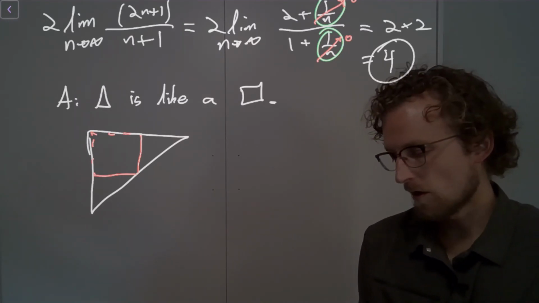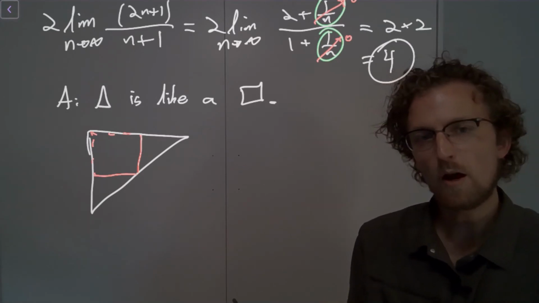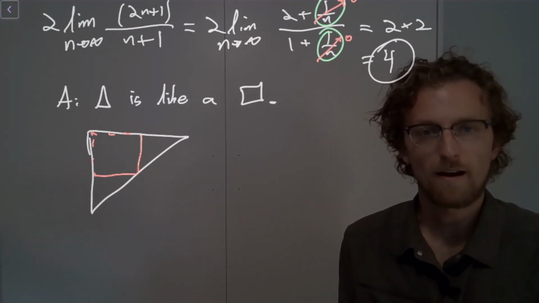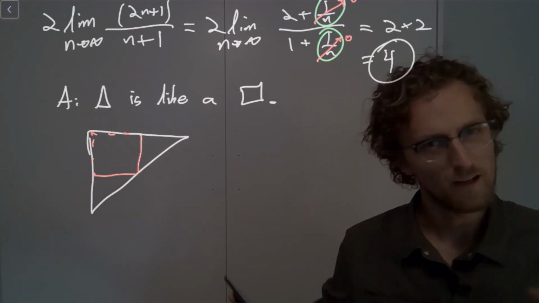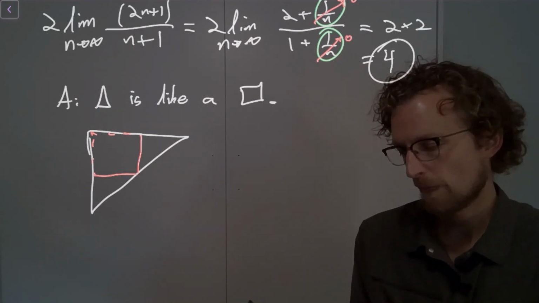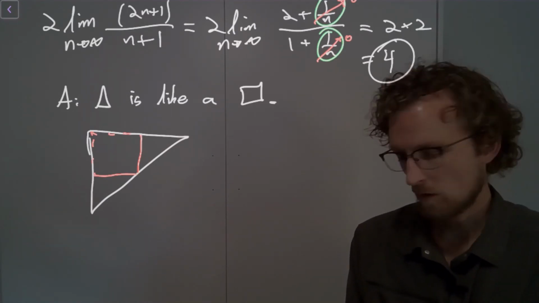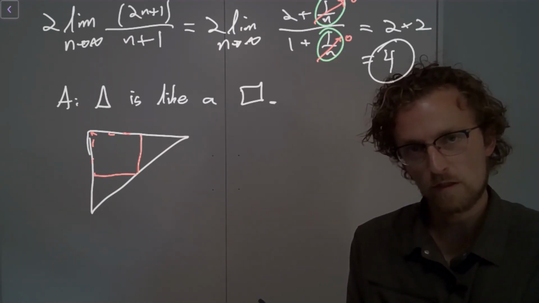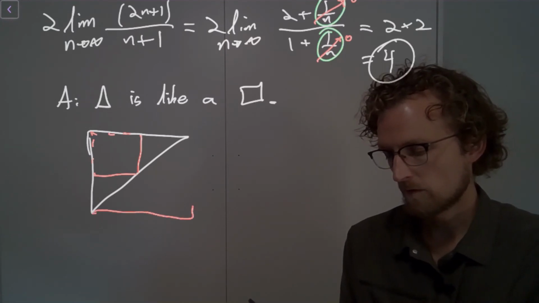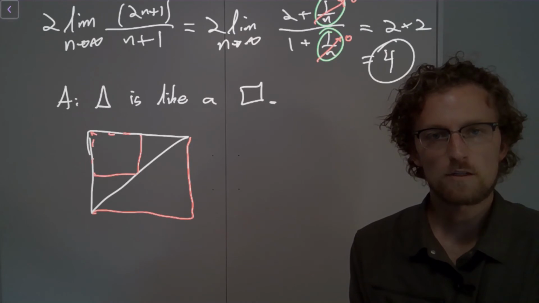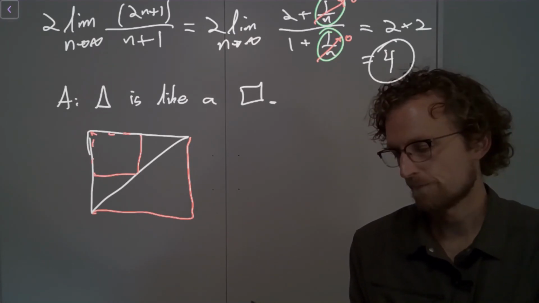So the triangle, no matter how big it gets, is never more than twice as big as a square that's inside it, right? And that square scales at the same speed as the triangle. It's also true that the triangle is never much smaller than a square, right? And what's that square that it's never much smaller than? Well, it's this one, right? The triangle is never much smaller than this square that it fits exactly inside, right?